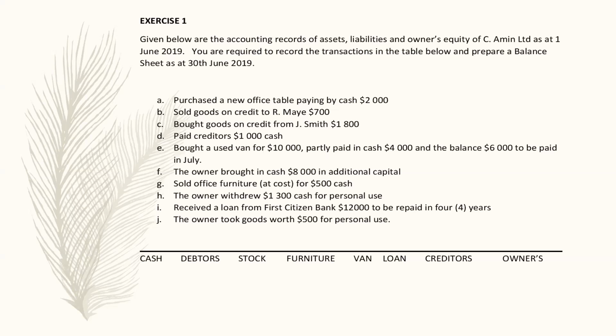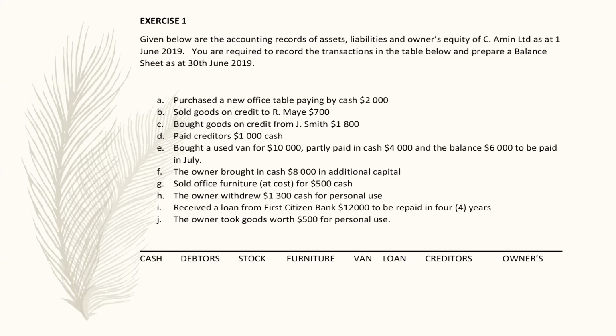So as you can see, there are three areas in this accounting equation that are going to be affected. First, we're going to indicate where we have purchased the van. The business received the van for $10,000, so that is a plus for the business. Under the van column, you're going to put plus $10,000.